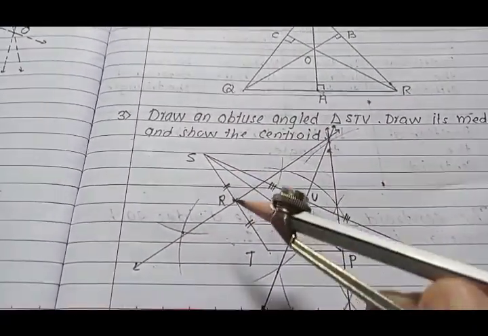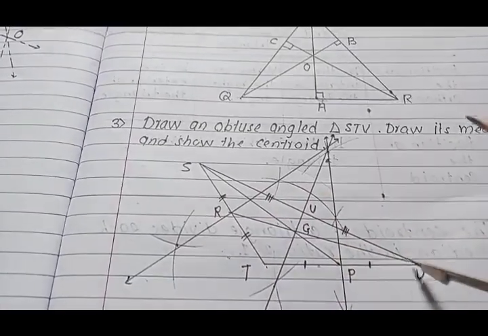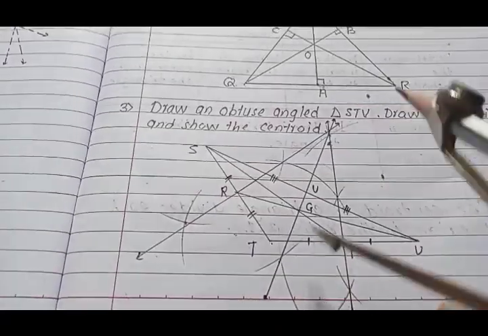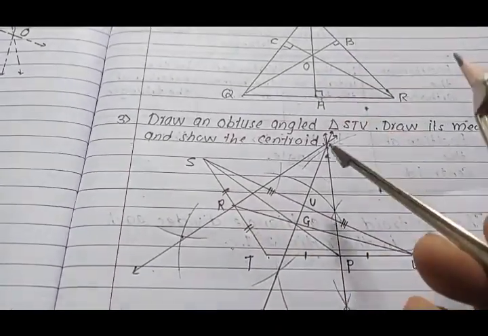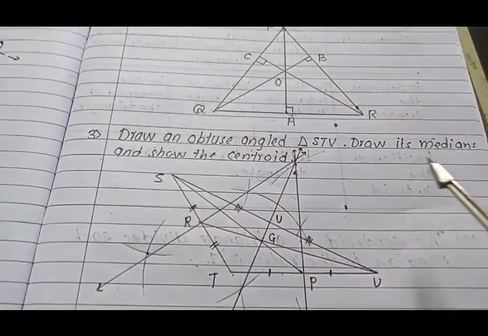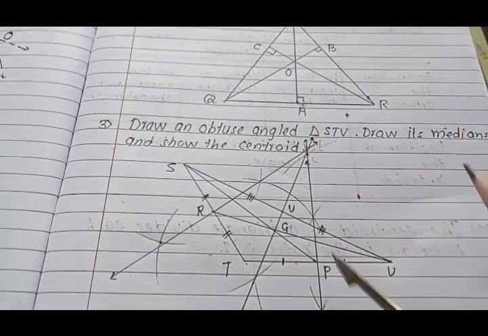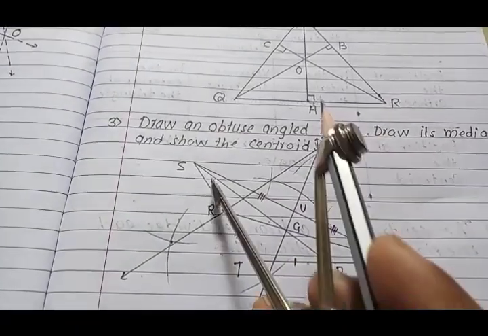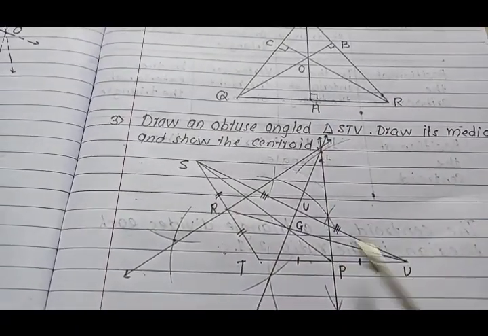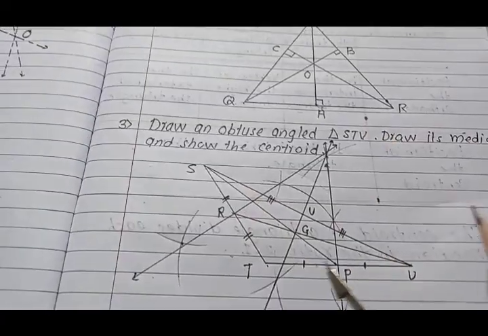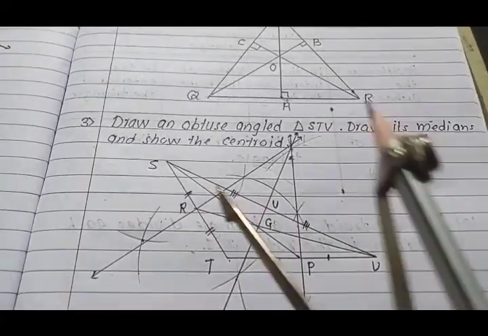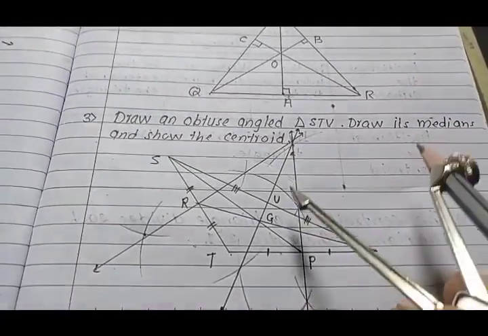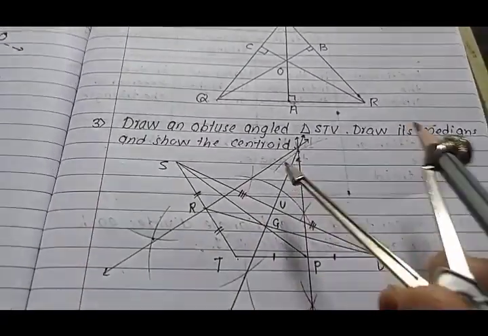So ST has midpoint R. Then same from U and from S, and join. So draw its medians: here this median CR, and SP. These are the medians, and here is the centroid.